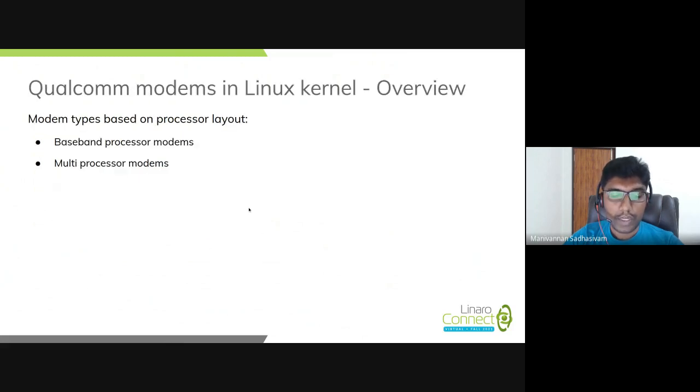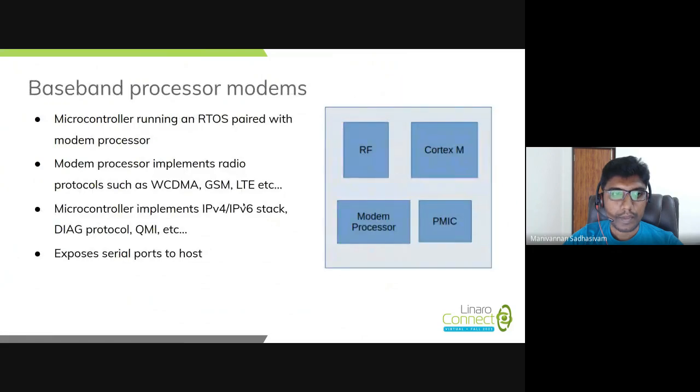So historically, Qualcomm modems have been categorized into two types based on their processor layout. First one is called the baseband processor modems. The other one is called the multiprocessor modems. The baseband processor modems consist of a microcontroller running an RTOS paired with a modem processor.